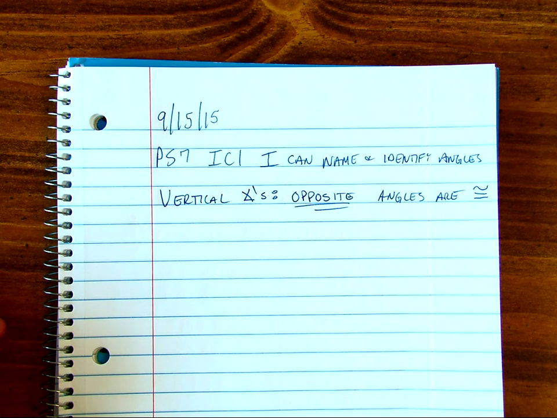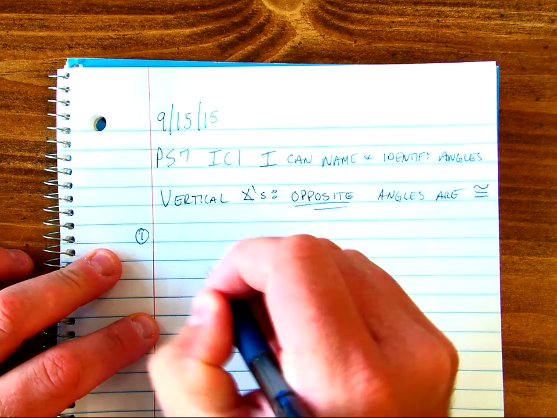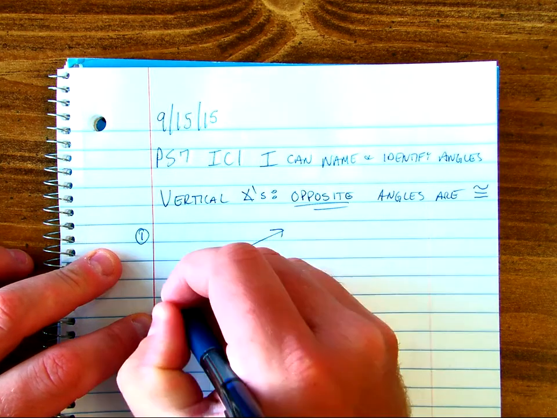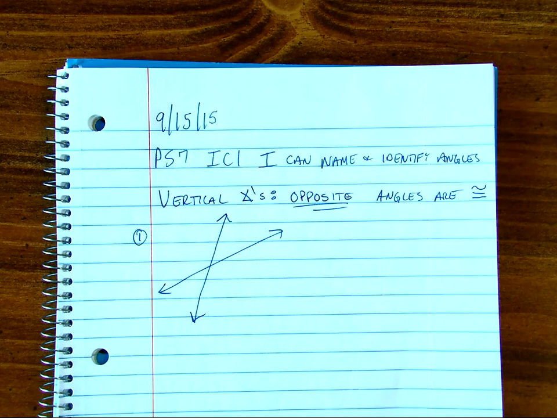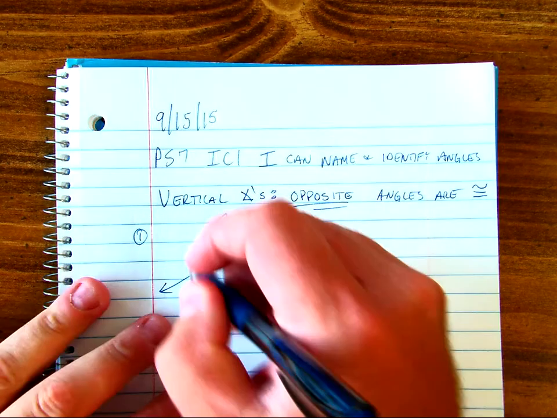And then we went over some easy ones where you're not allowed to use a protractor. You have to use that definition to help you find the measurement of missing angles.